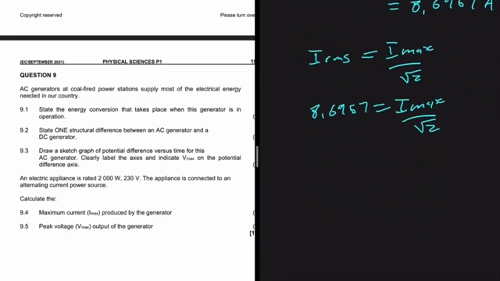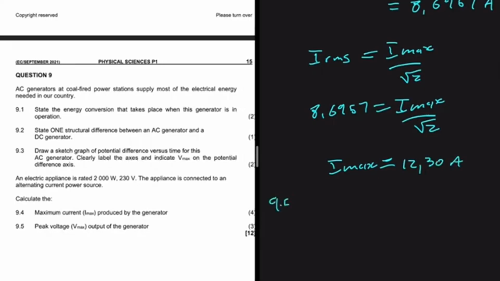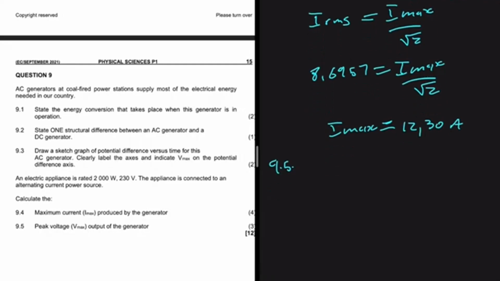Should be obvious what you're supposed to do now. So I max will be equal to, cross multiplying, that multiplied by the square root of 2, which is equal to 12.30 amps.